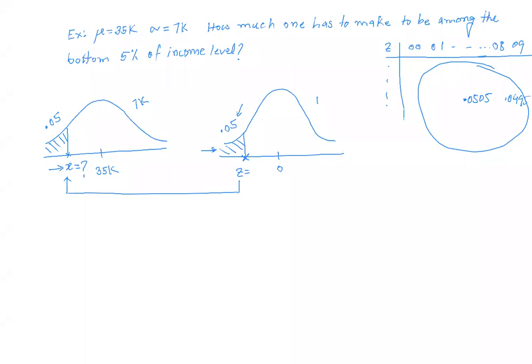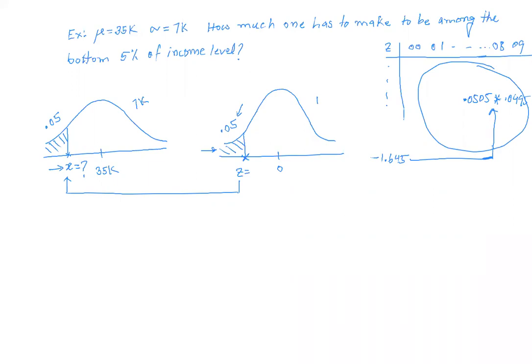If you look at this, there is an arrow with a star mark in between. This arrow goes to a value that is negative 1.645.